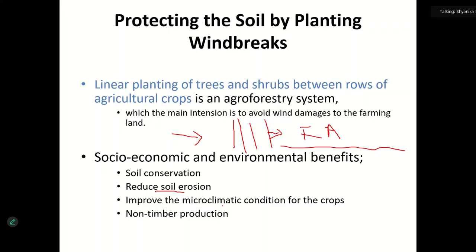It improves the microclimatic conditions for the crops and produces non-timber forest products. What are the non-timber forest products? What can you say?